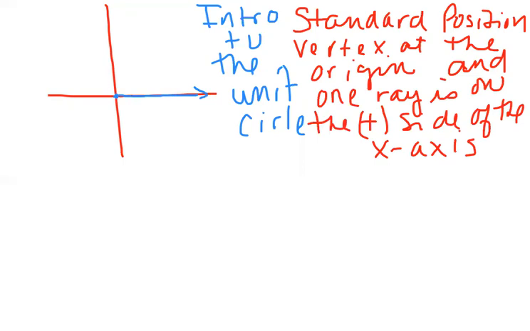And then the other ray, which we refer to right here, guys, all right? And I am just going to go ahead and show this as the angle, and I'm going to use theta to represent it, okay? So essentially, guys, when we talk about these angles, they can be positive angles.